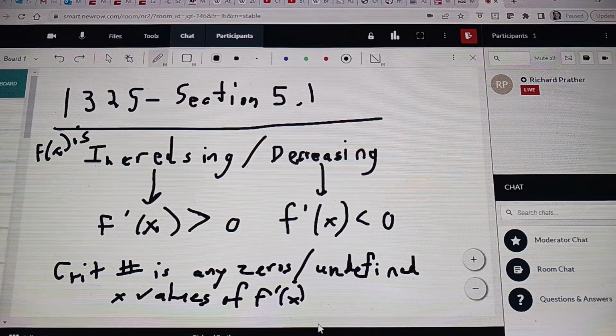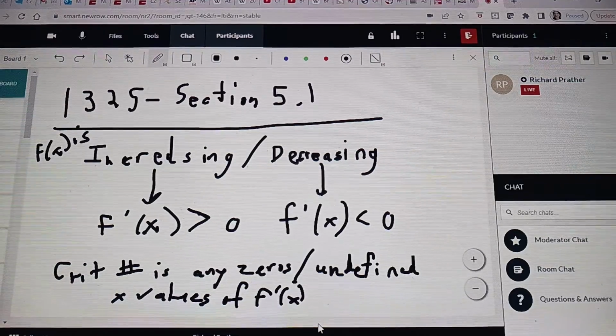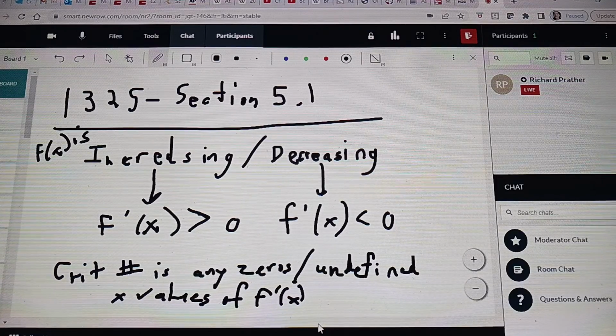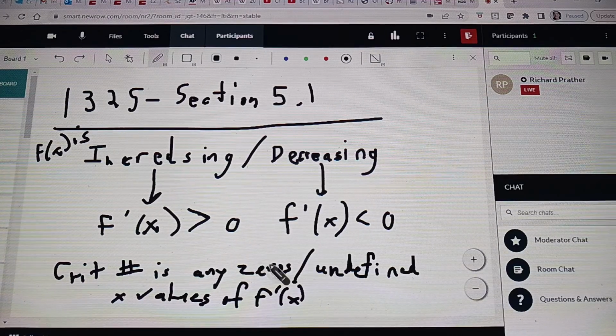You're going to find its derivative with all the techniques you learned in chapter 4. And then the goal will be set the derivative equal to 0 and or look for spots where that possibly might be undefined. So undefined can happen in a lot more less common areas. It's more commonly that critical numbers come from the zeros of the derivative, but we also have to worry about undefined spots.